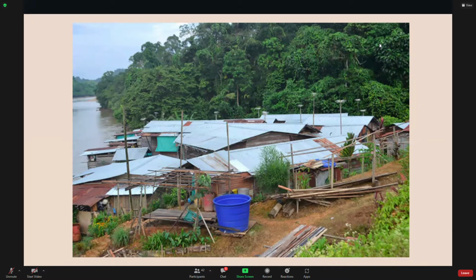That is what we thought. But if you look at our rural areas, if you go to Sabah, if you go to Sarawak, if you go to the remote rural areas in the East Coast, in the northern regions, you can find this kind of rural settlement everywhere. It's easier for you to find this.